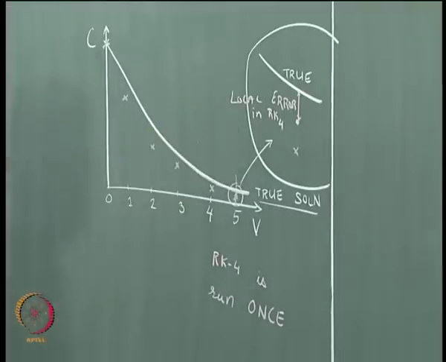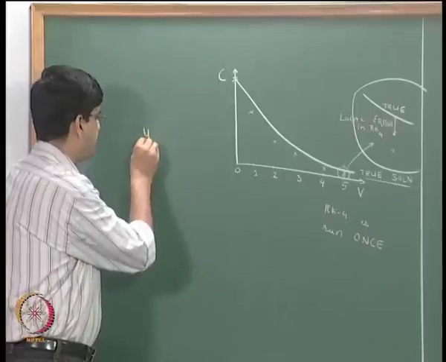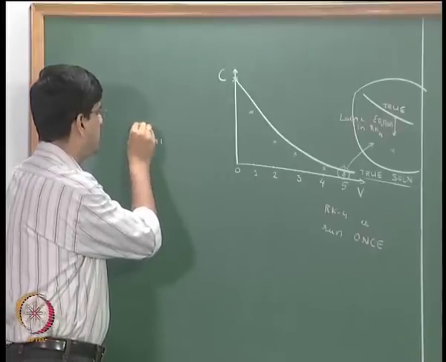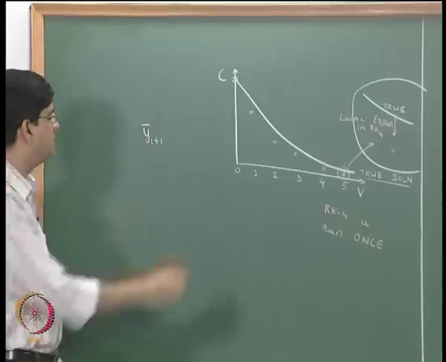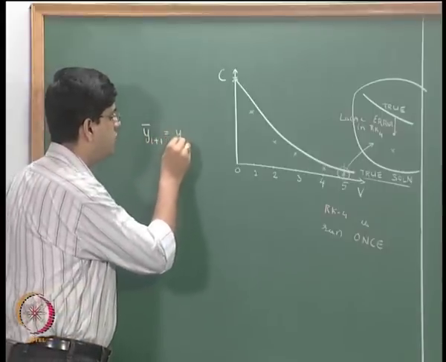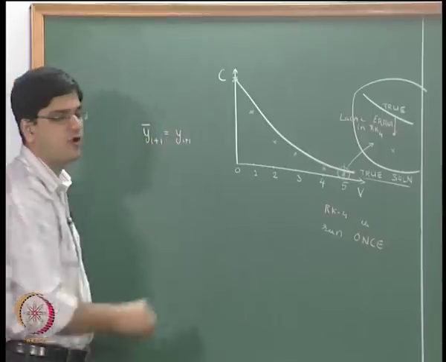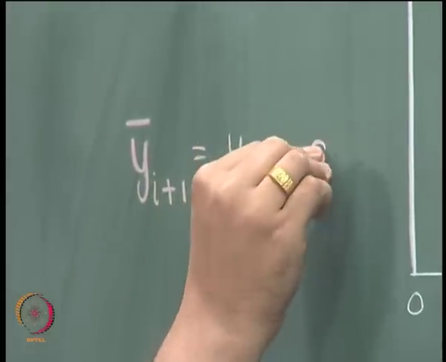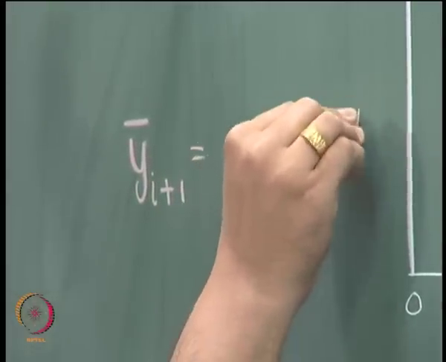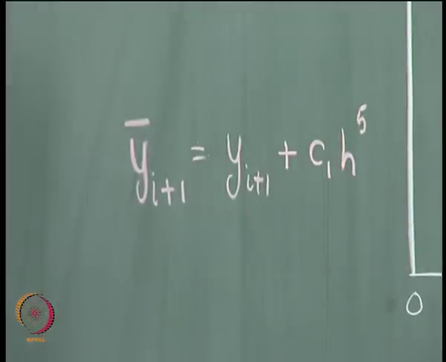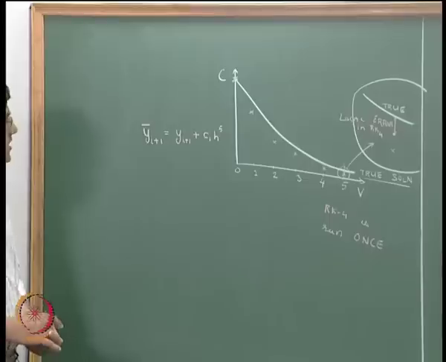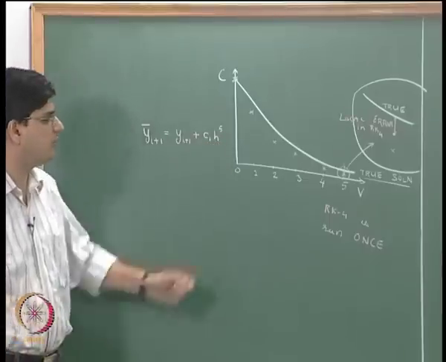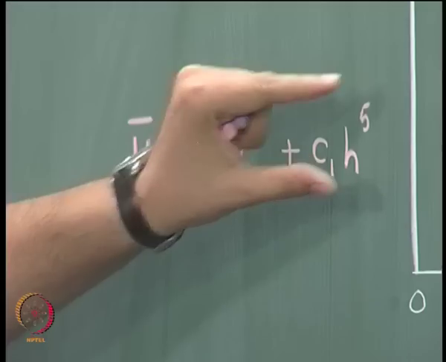What that means is that the true value of y i plus 1 is equal to y i plus 1 from the RK4 method plus an error term which we can write as some constant C1 h to the power 5, okay. So this error is proportional to the 5th power of the step size that I have chosen.